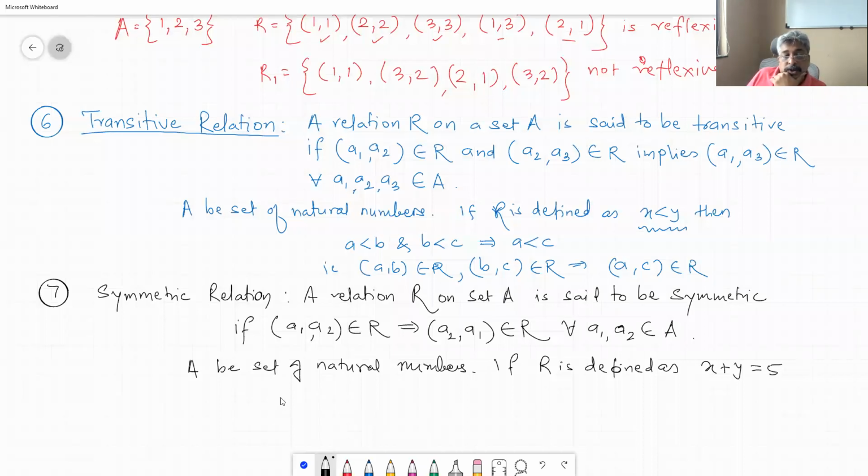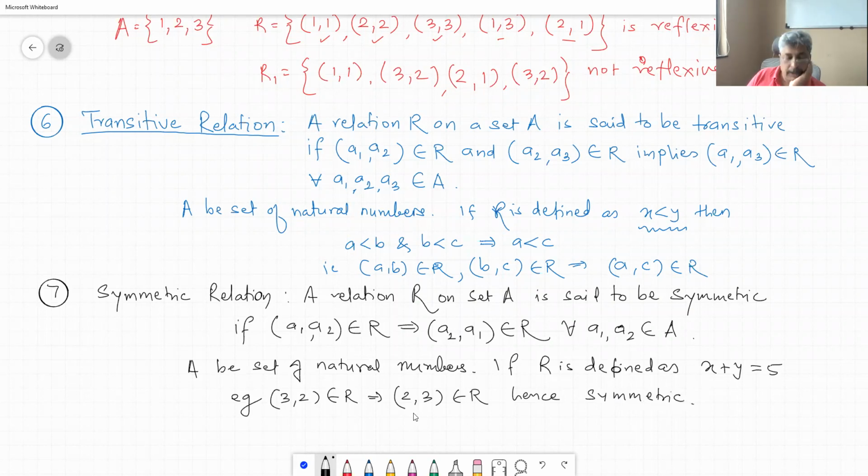So say (3, 2) of course belongs to R, implies (2, 3) will belong to R, for example. Hence symmetry.